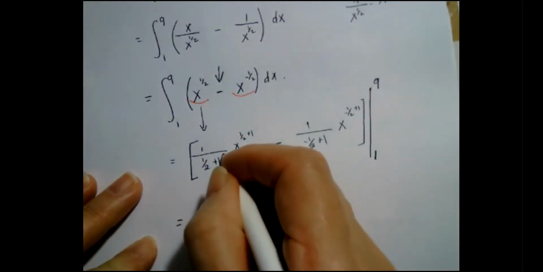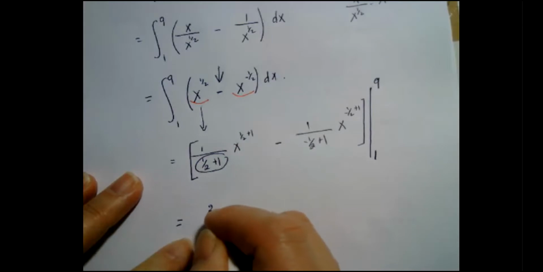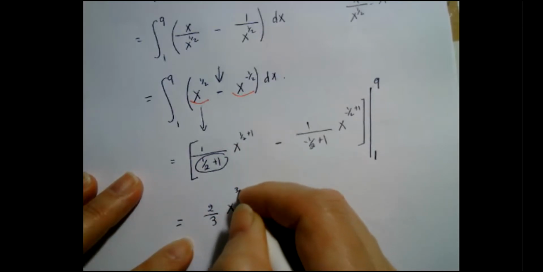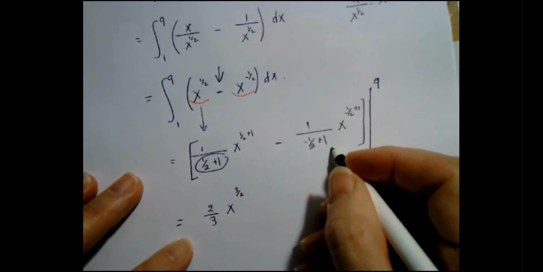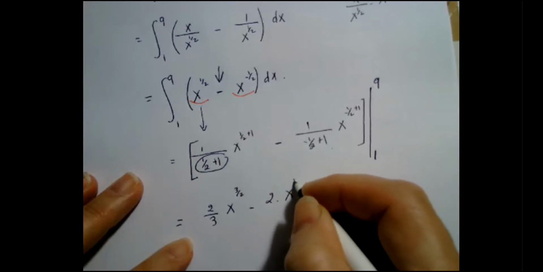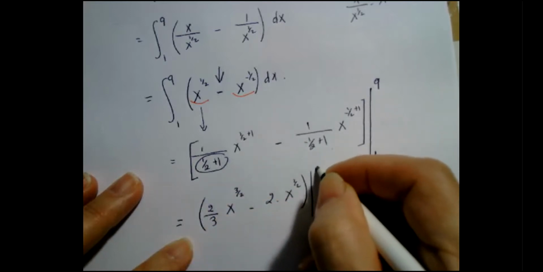Now the rest should not be difficult anymore. A half plus 1 is 3/2, property of fraction, 2/3, x to the power 3/2, minus a half plus 1, that's a half, property of fraction, 2, x to the power a half, and the whole thing between 1 and 9.